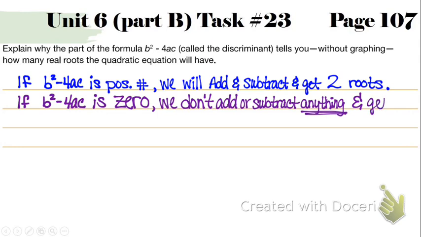And we get 1 root. And that 1 root would be negative b over 2a.